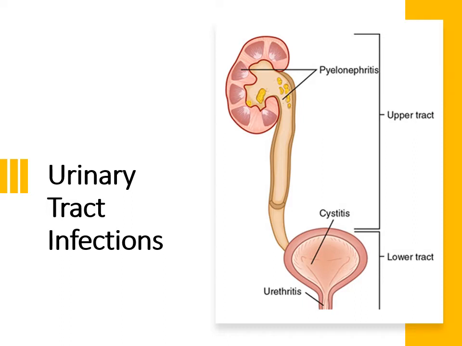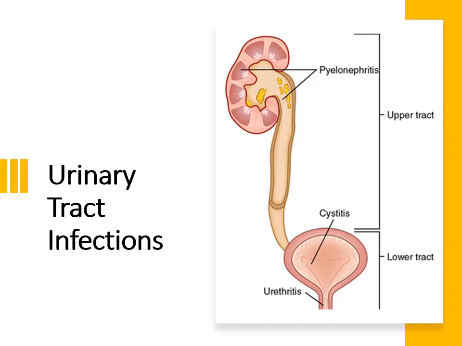Now, if we talk about a cystitis, that's a bladder infection. You never have a fever with a cystitis. Okay, it never gets into the bloodstream. You can almost think of the bladder as just a storage container for the urine before it exits out of the body. So it doesn't cause systemic symptoms of a fever or an elevated white blood cell count.